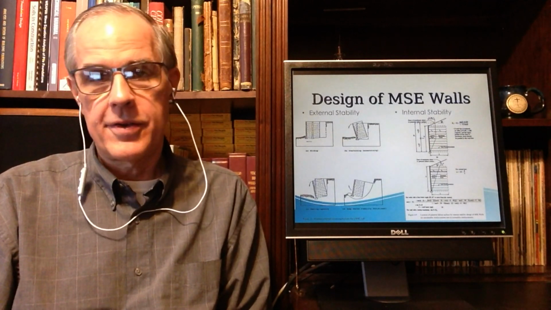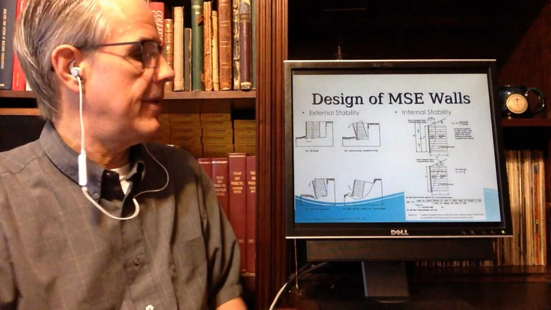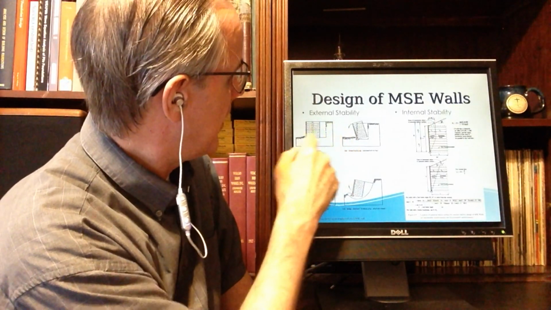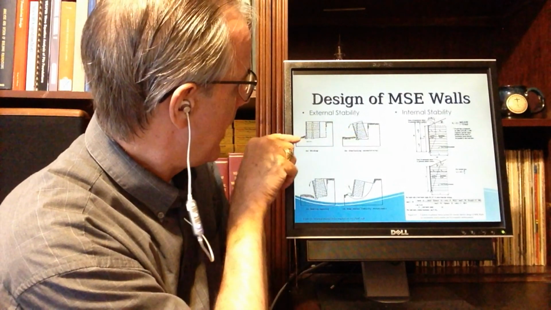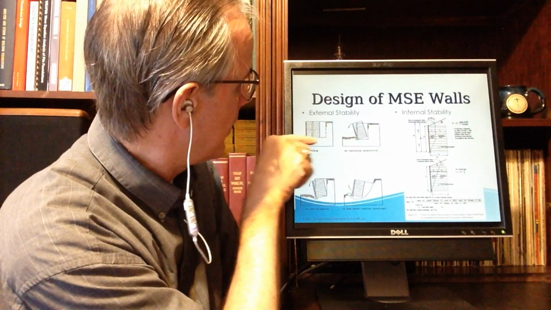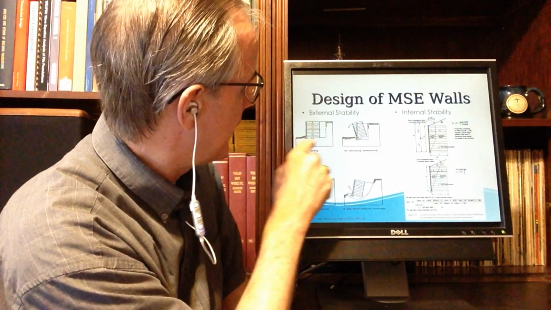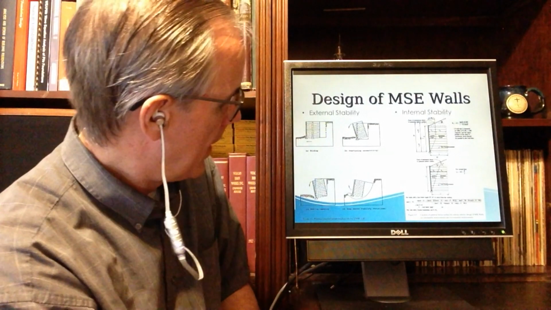We have sliding external stability. Sliding stability is basically what happens when the retained backfill pushes against the reinforced block. In other words, you have this force, and the only resisting force you have is whatever friction developed between the reinforced block and the foundation on the bottom. So you've got that balance of forces.